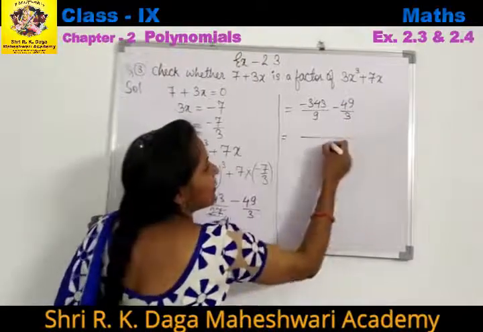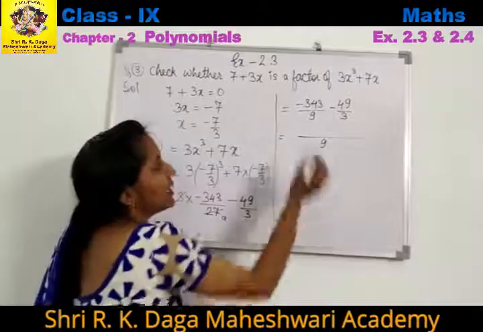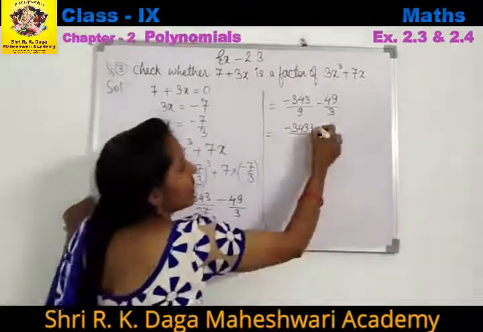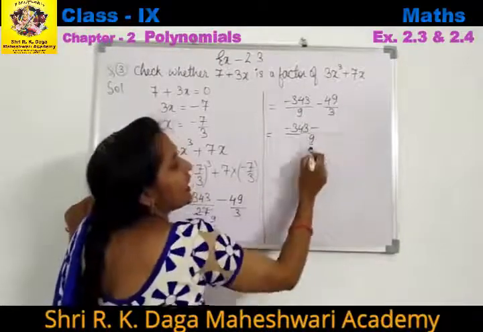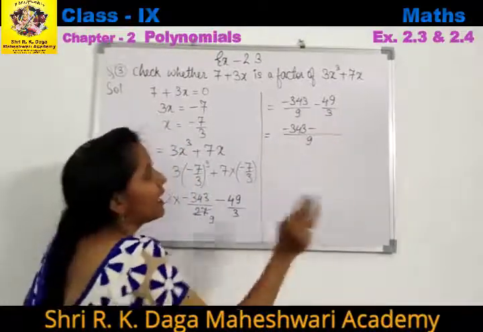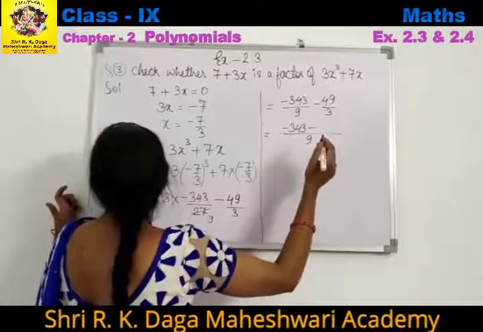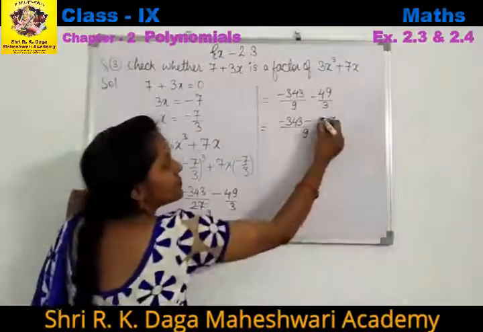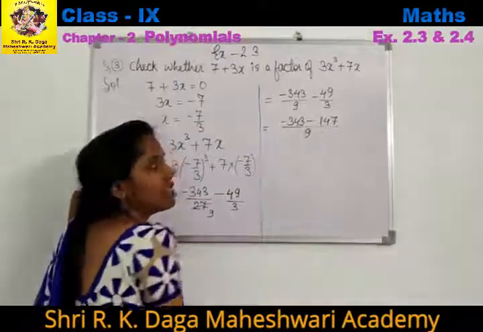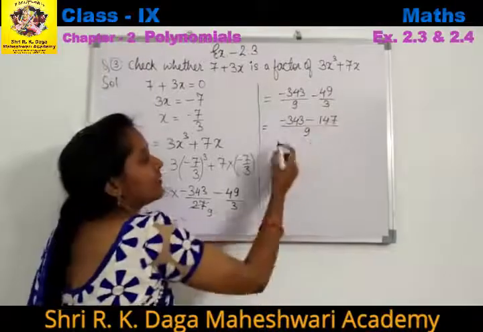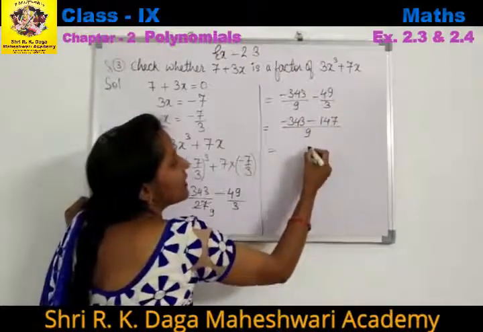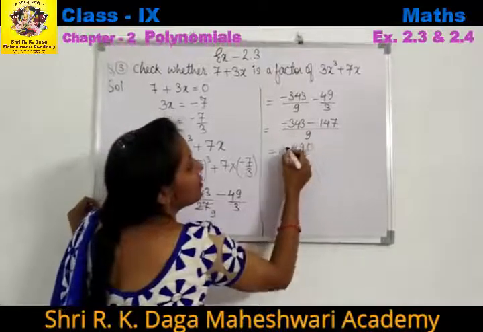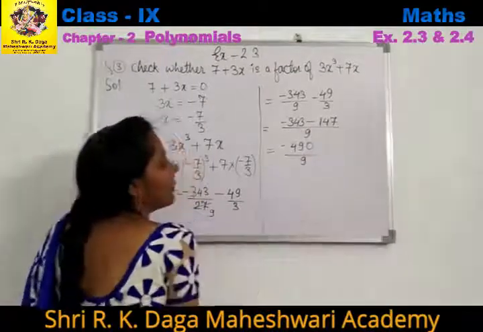When we take LCM, we get 9 in the denominator, and in the numerator we have minus 343. Dividing 9 by 3, we get 3, and when we multiply 49 by 3, we get 147. Now both of these are negative, so they will be added. When we add these numbers, we get minus 490 upon 9.